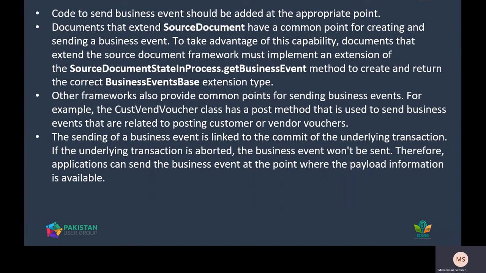To take advantage of this capability, you can implement an extension of the source document's straight-through process or get business event method, and create and return the correct event-based extension type. Similarly, other frameworks also provide a common point for sending business events. For example, the vendor voucher class has a post method that you can utilize to send out business events related to posting customer or vendor vouchers.